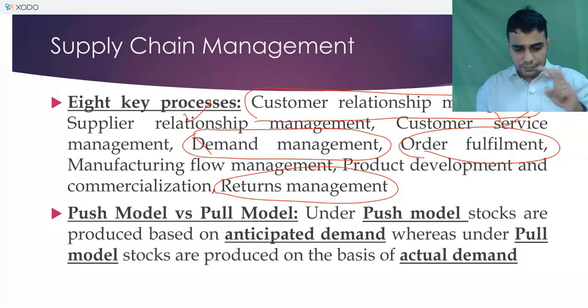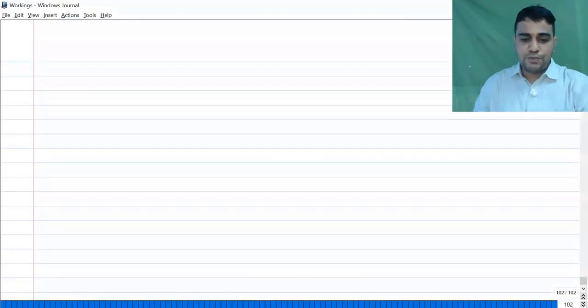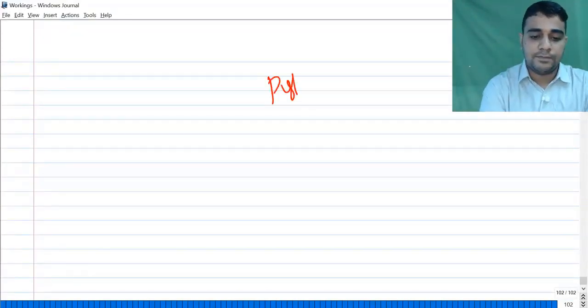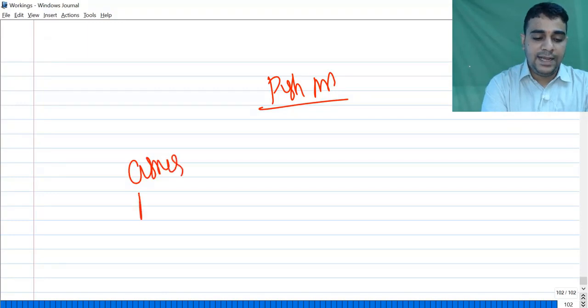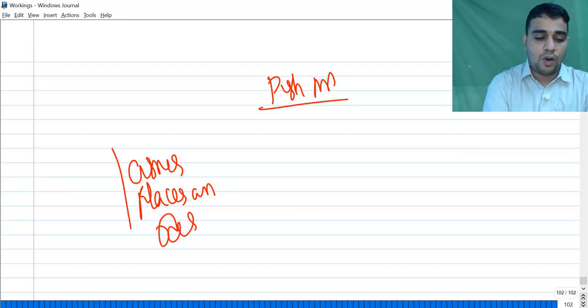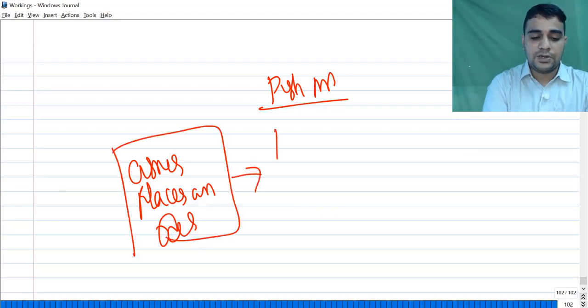Now, there are two types of model. There is a push model and a pull model of maintaining inventory. Now, in a pull model, what happens is the customer places an order. This information goes to the retailer.